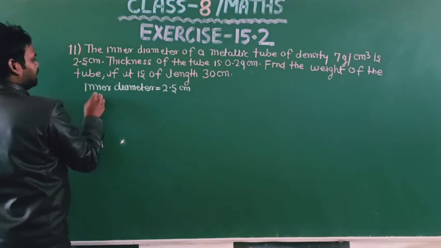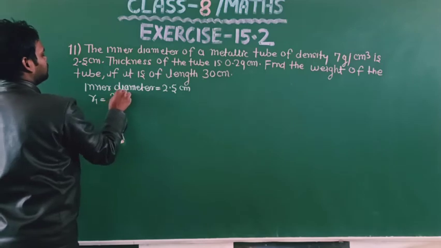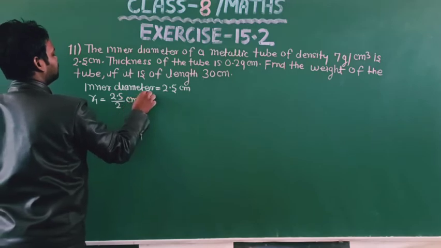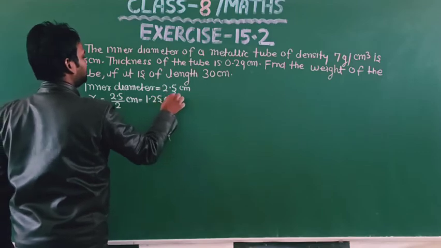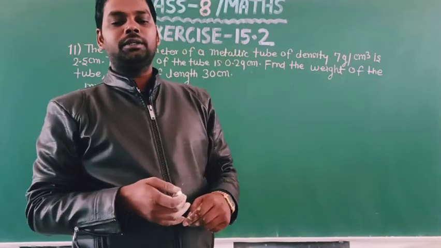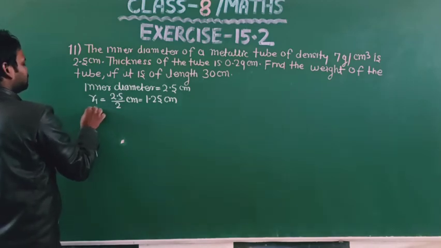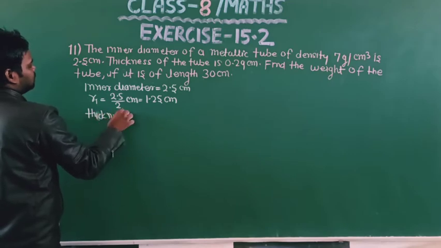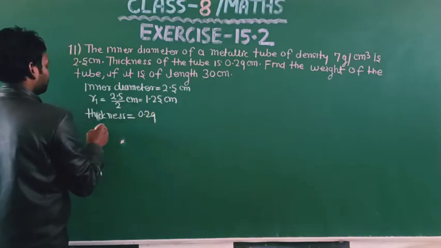So inner radius R1 would be equal to 2.5 divided by 2 centimeter, equal to 1.25 centimeter. And here thickness is given, thickness equal to 0.29.